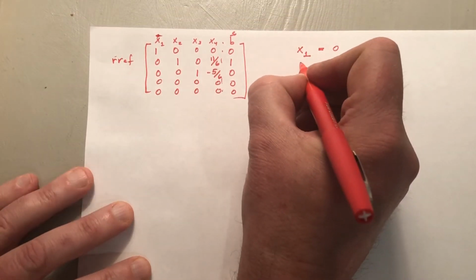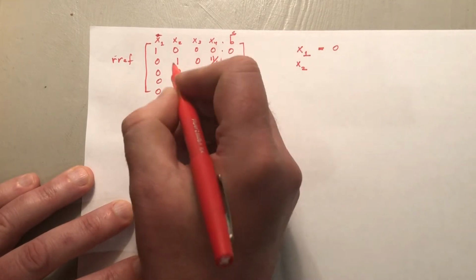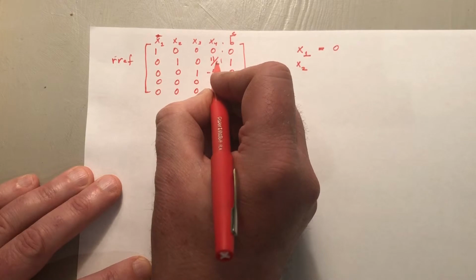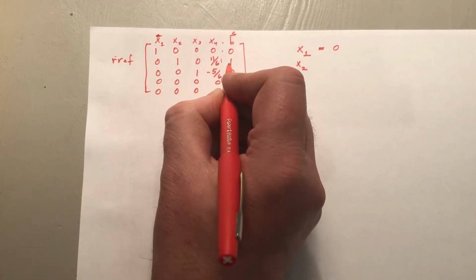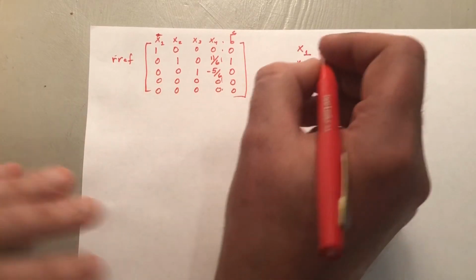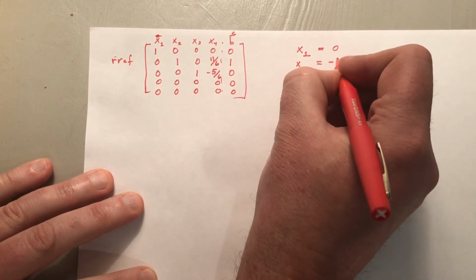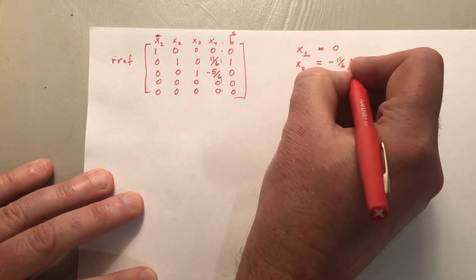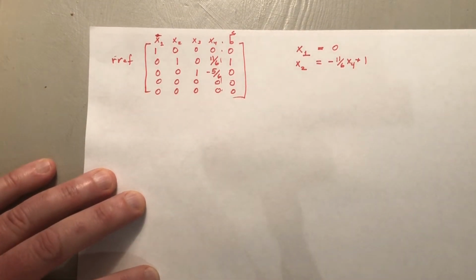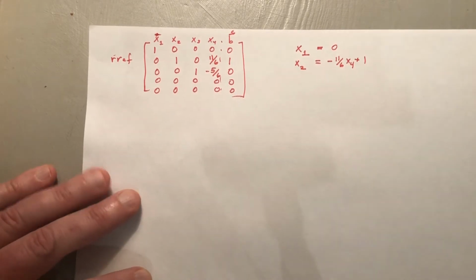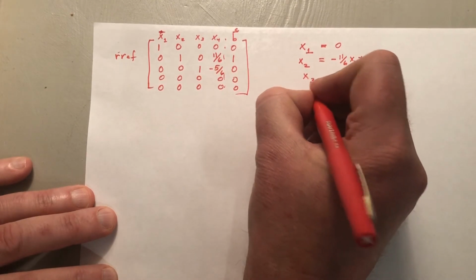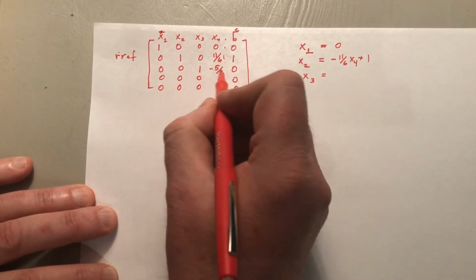Now, what do I know about x2? x2 plus 0x3 plus 11/6 x4 equals 1. Well, that's the same thing as saying x2 equals negative 11/6 x4 plus 1. I'm sure you can figure out why that's true. Now, x3, you can just do it by inspection here.